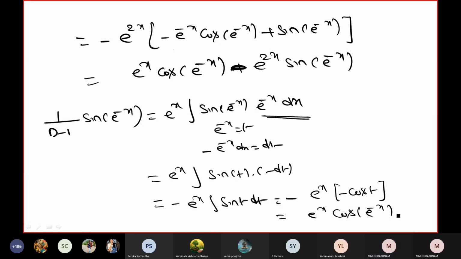Okay na? So now replace in PI. Both values replace in PI.